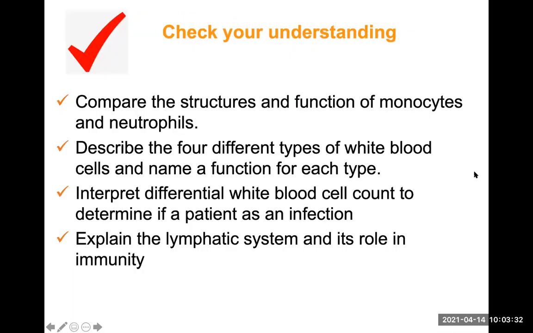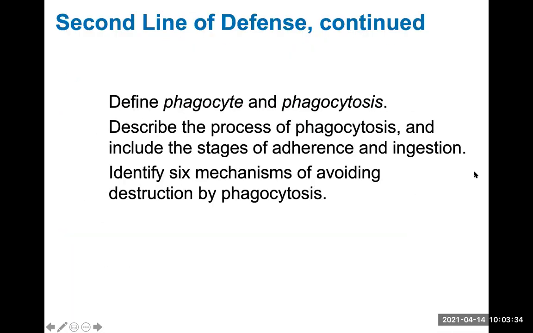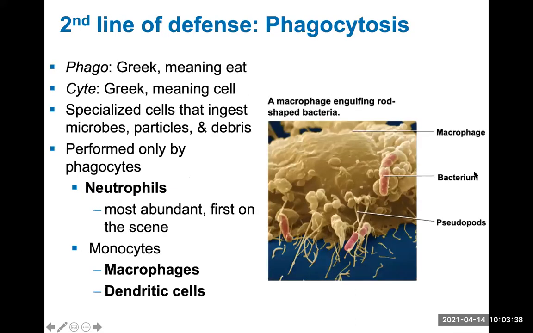Okay, so that is the lymphatic system. Now we'll focus on phagocytosis. In Greek, phago means to eat and cyte means cell. So phagocytes are cells that eat, and they are specialized white blood cells that ingest microbes, cell debris, and particles.